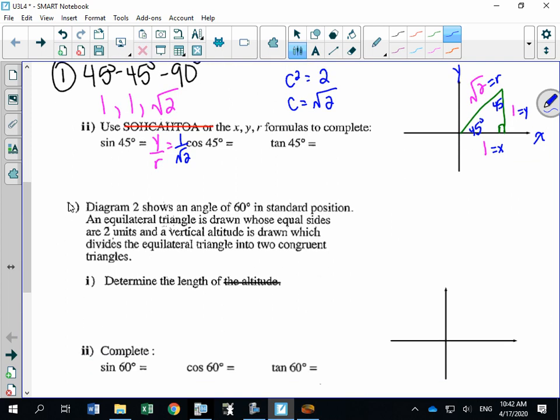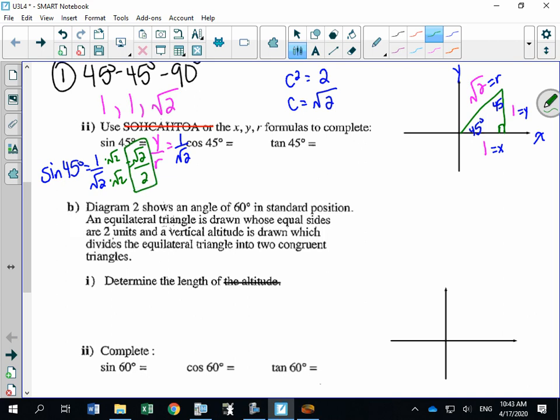Okay, here's the thing though. From rationals, do we leave an answer with a radical in the bottom? And you should be saying no. So the sine of 45 degrees, we got that the exact value of that is 1 over root 2. So let's just rationalize that. So times root 2 over root 2, and the sine of 45 degrees, rationalized, would be root 2 over 2.